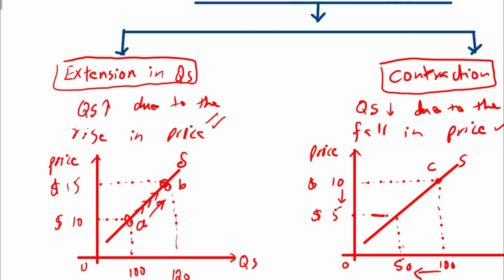So quantity supply decreased due to fall in price, and it resulted in movement along the same supply curve from point C to D. So this movement is known as contraction, or leftward movement, from right to left, or downward movement.